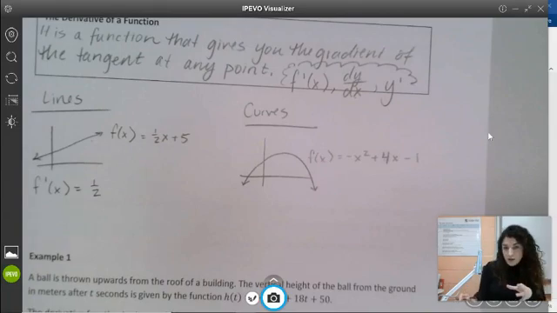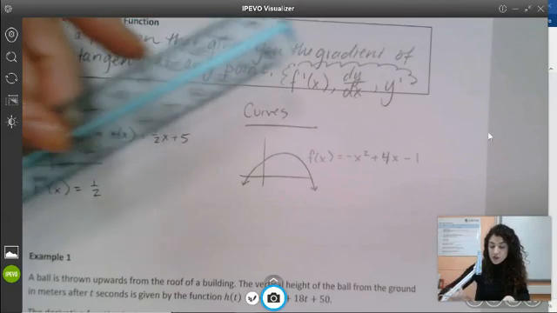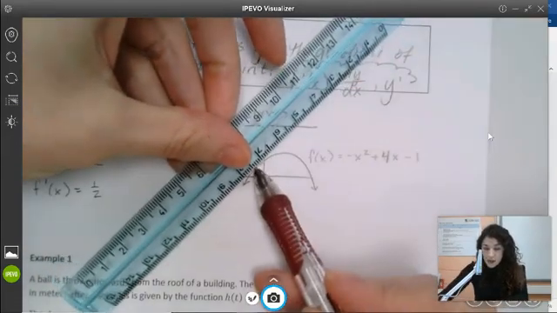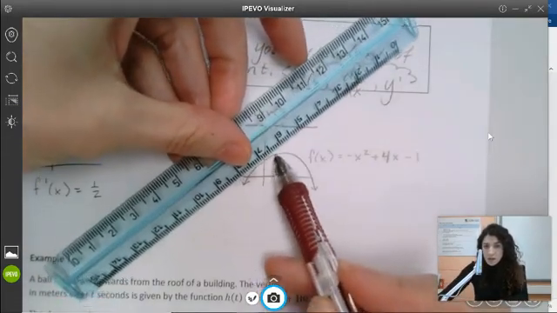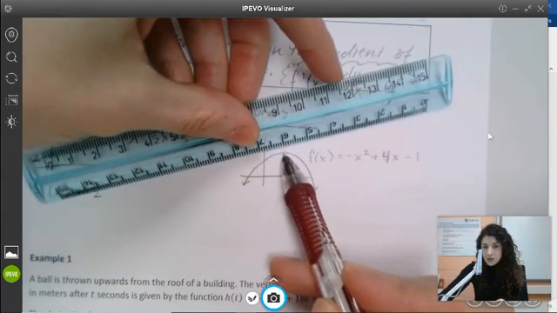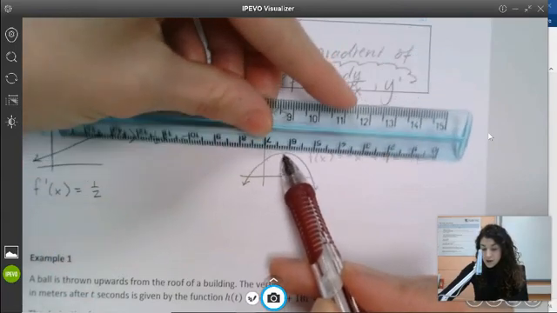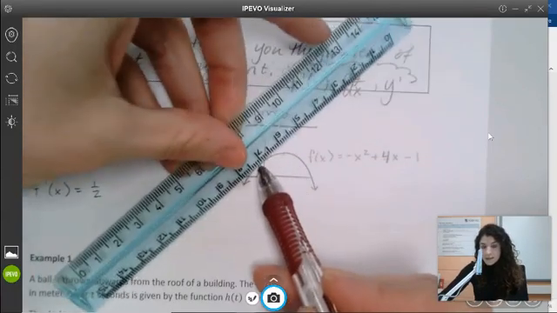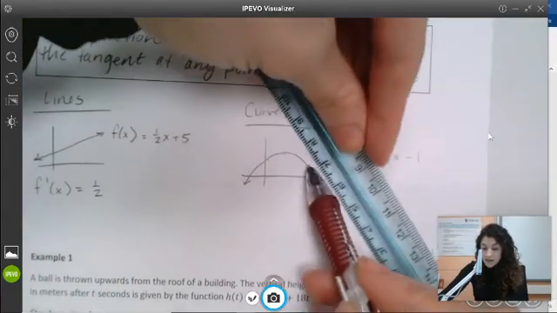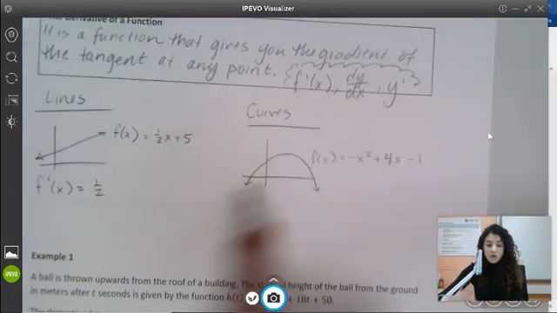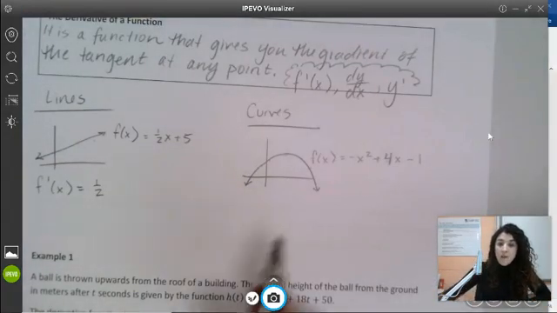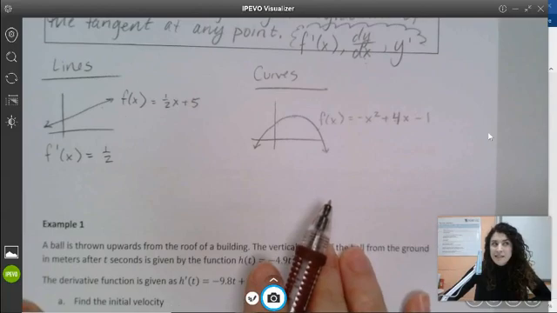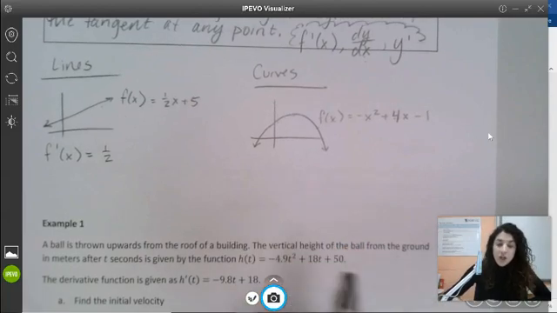So this is the original function. And if we want to talk about the gradient of a tangent line, we would have a gradient here that would be different. And then as we get closer to the vertex, that gradient starts to level out and get closer to 0. This is a gradient of 0 at the vertex, versus a positive gradient here versus a negative gradient on the other side. So your gradient, your slope on this curve, is constantly changing because it's not a constant rate of change.